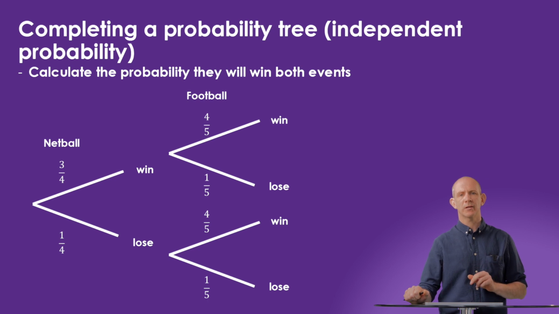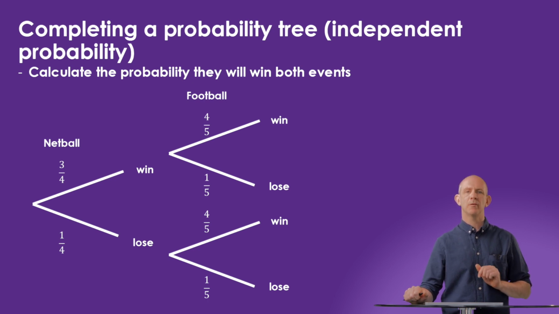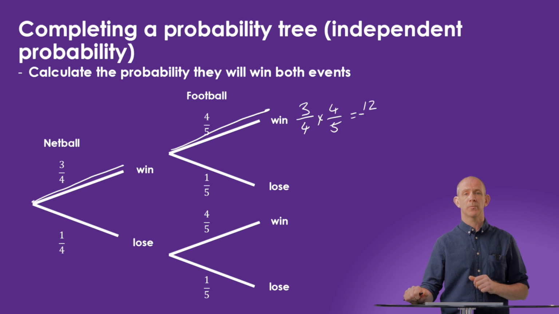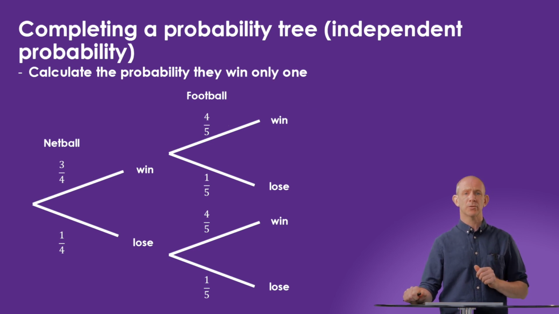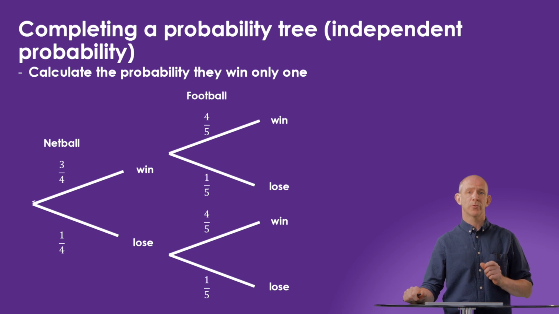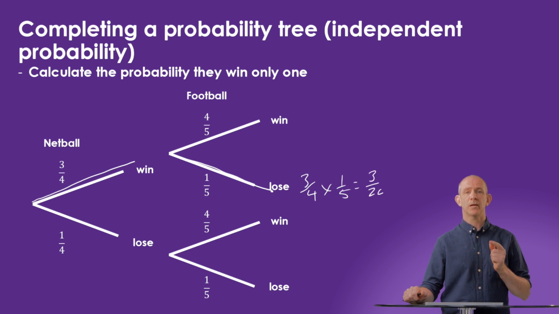We're asked to calculate the probability they will win both matches, and we can calculate this by multiplying 3 over 4 by 4 over 5 to get 12 over 20. So the probability they will win both matches will be 12 over 20. To calculate the chance they will win only one match can be done by 2 different routes. So we can multiply 3 over 4 by 1 over 5 to get 3 over 20 for this route.